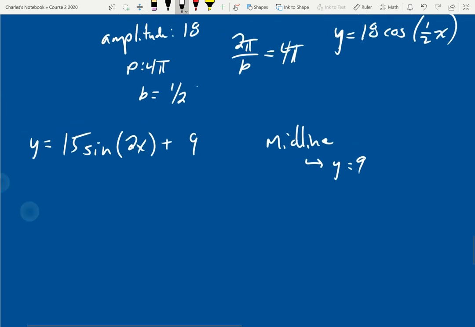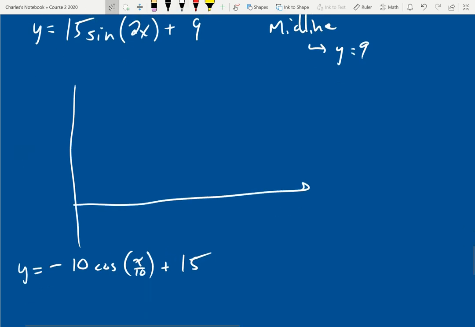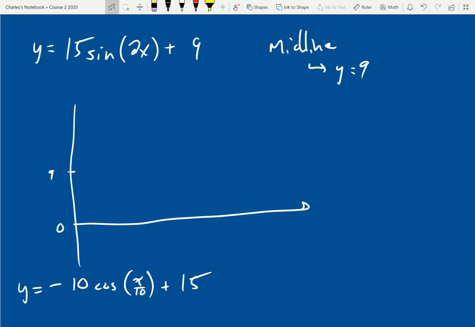So if I'm graphing this, I'm thinking here's 0. I'm going to put 9 right here. It has a top, middle, and bottom. Its middle is going to be at 9.